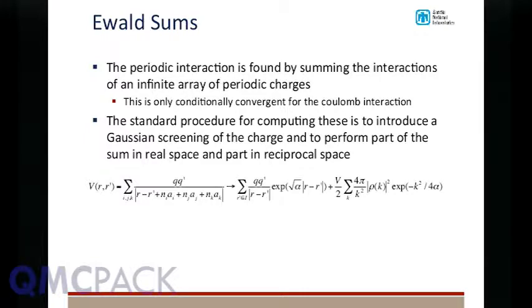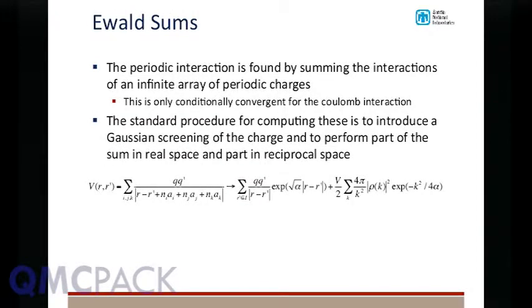So the standard procedure is to say, okay, I can do some linear thing where I screen my Coulomb potential for a charged particle, and then have a negative screening. And so you end up with two sums.